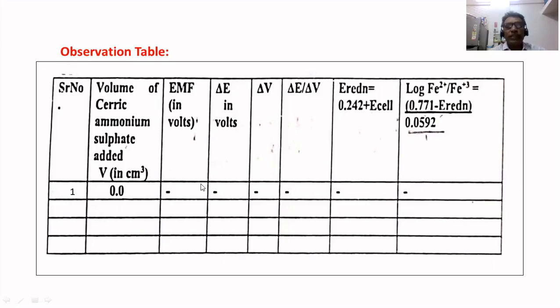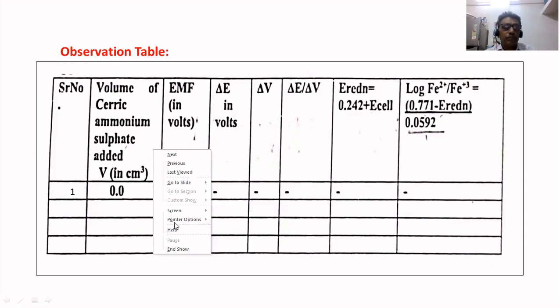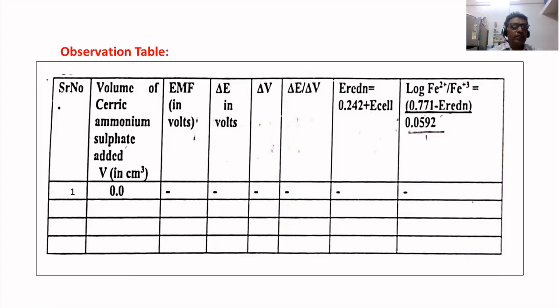We have to note the readings here. I would like to write some of the actual readings I have taken, which I have shown in the experimental part also.